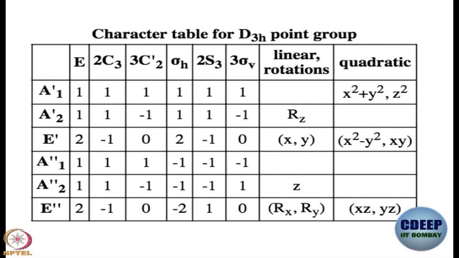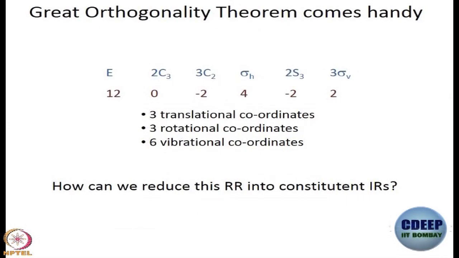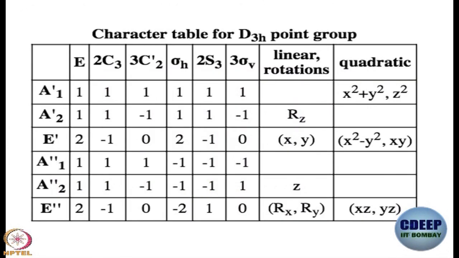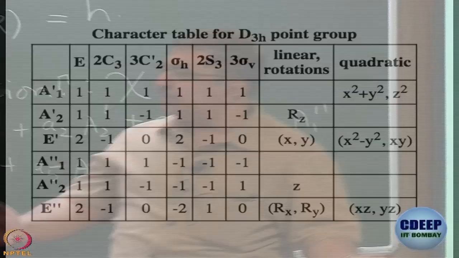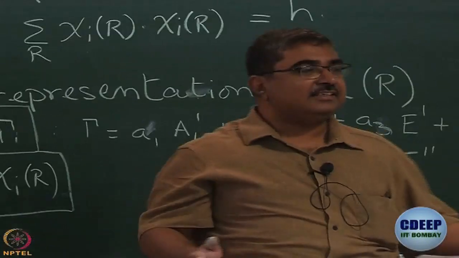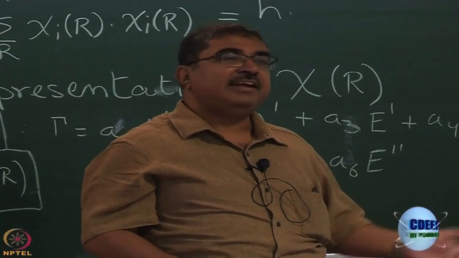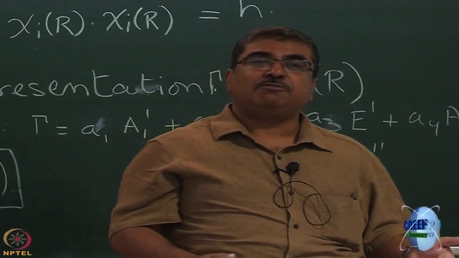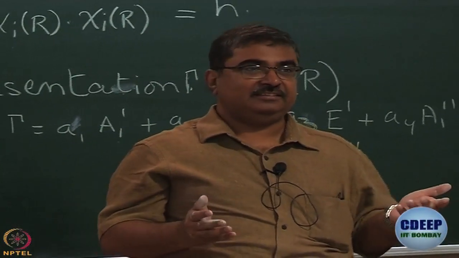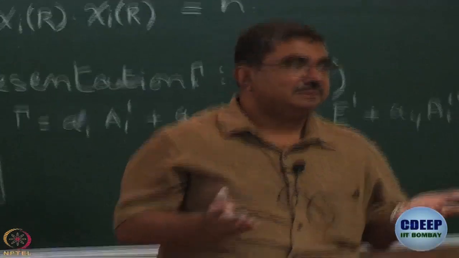So now see, we already know the values of chi(R), right? 12, 0, minus 2, 4, minus 2, 2, and if I look at the character table, I also know the values of all chi_j(R)'s, is that right? So we can find out the values of Aj's for all j's. You just have to work it out.